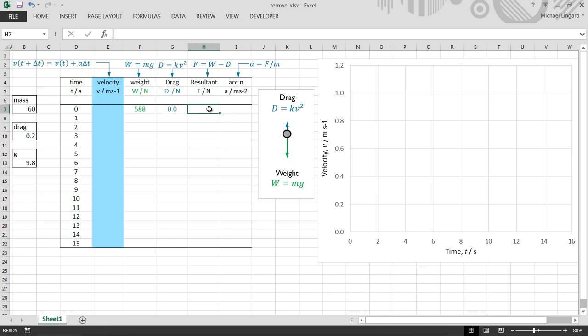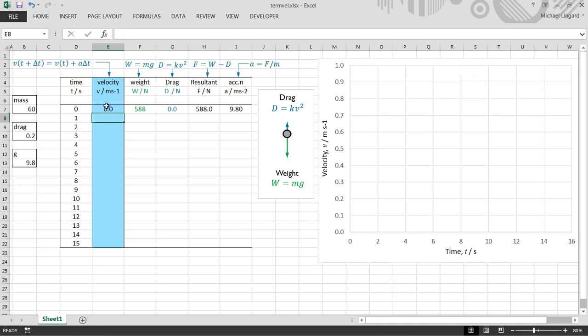The resultant force is going to be equal to the weight minus the drag, and the acceleration from Newton's second law is going to be equal to the resultant force divided by the mass. And as this thing is falling from rest, we'll set an initial velocity to be 0. Now what we haven't yet put in is a rule for how the velocity is going to evolve.